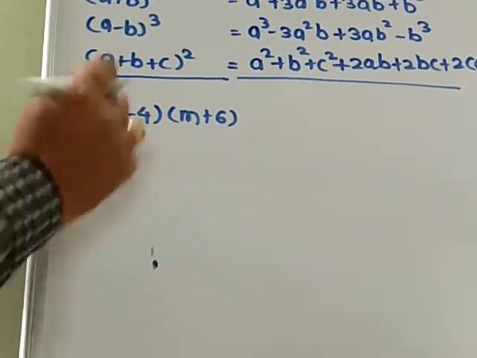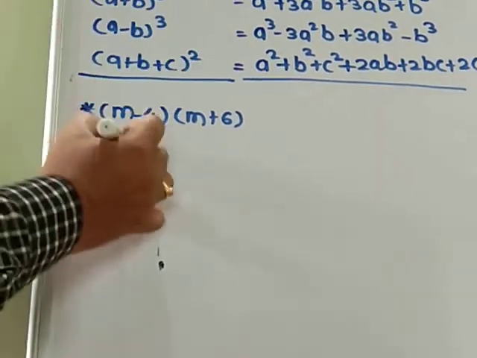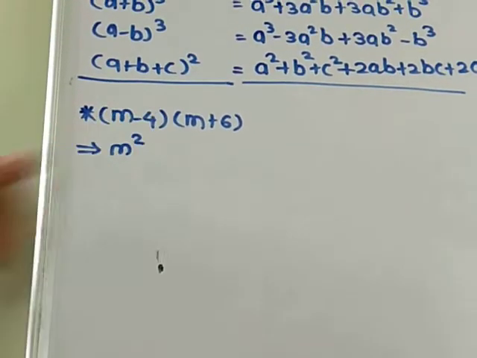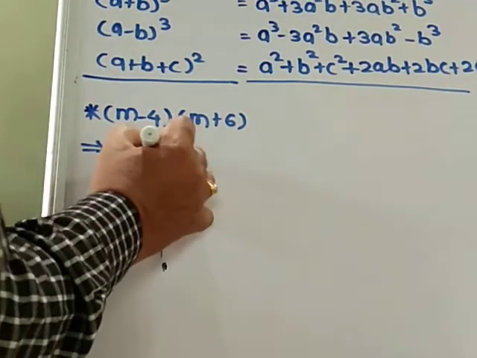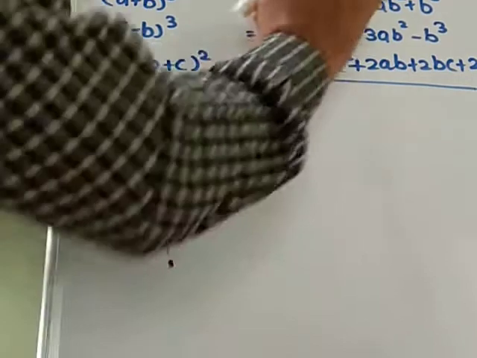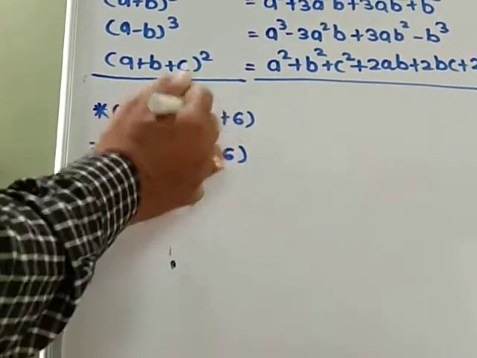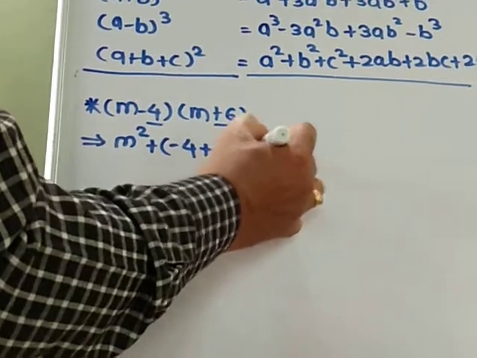How to solve? First x², here m². Then (−4 + 6), that is a + b, into m.